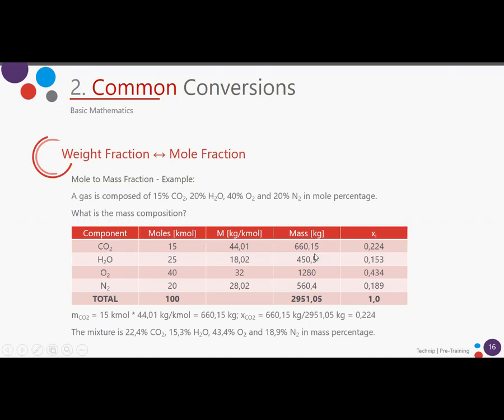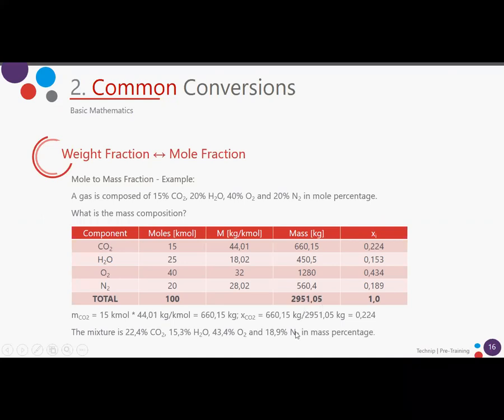And this I do for all my components, okay? Then the next step is to sum all masses of each component in order to get the total mass of my mixture. In this case, we will have 2,951.05 kilograms.